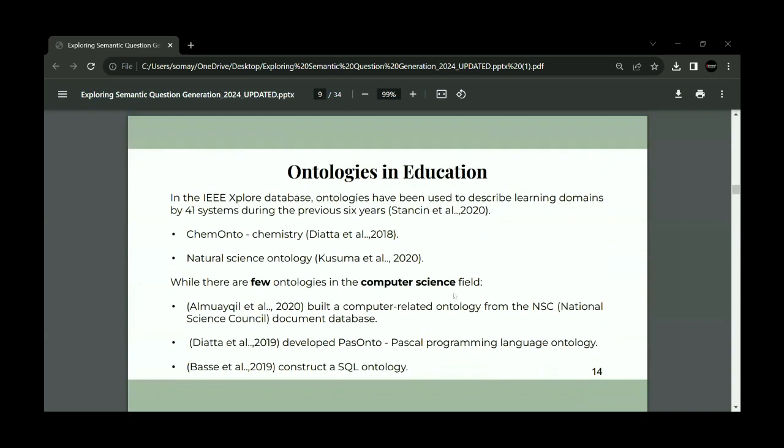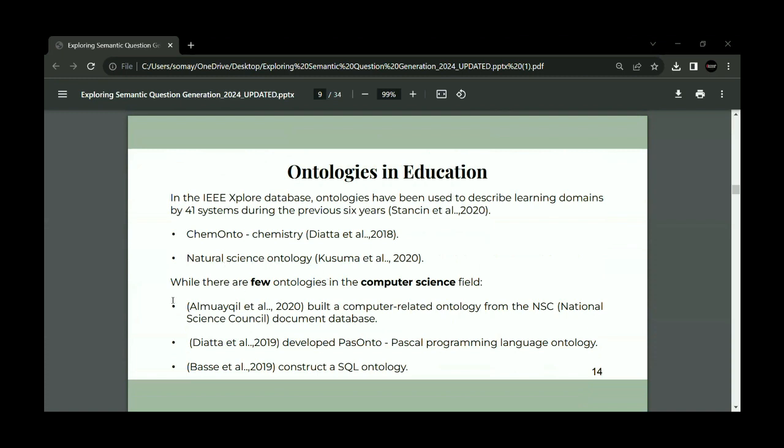Ontologies in education. In the IEEE database, ontologies have been used to describe learning domains by 41 systems during the previous years. For example, we have ontology for chemistry called ChemOnto, and another ontology in natural science.